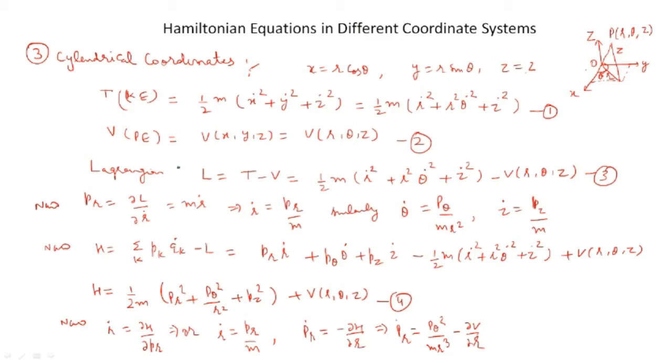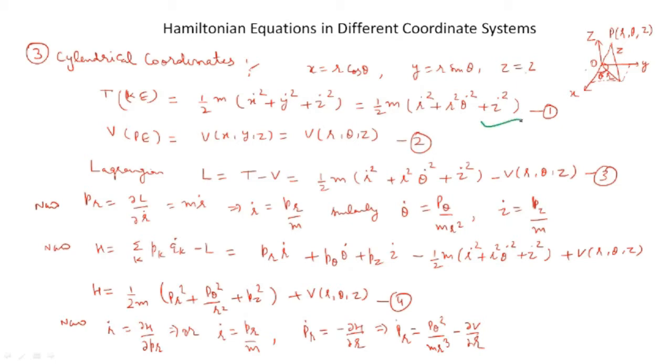This is equation number 1, and we have done it in earlier videos that kinetic energy in cylindrical coordinates is equal to 1/2 m (r dot square plus r square theta dot square plus z dot square).